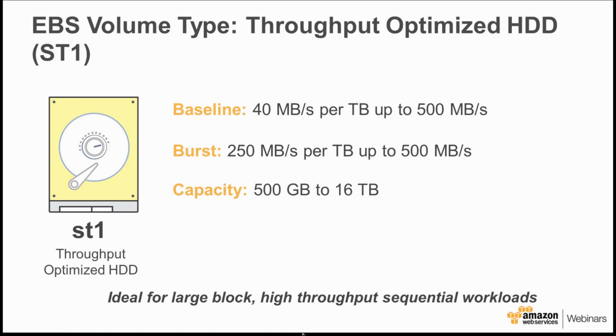And your burst performance is 250 megabytes per second per terabyte, up to 500 megabytes per second. Note, these volumes can only be used for data volumes attached to your instance, not as boot volumes for your operating system. Also note, the minimum size of the ST1 volume is 500 gigabytes.